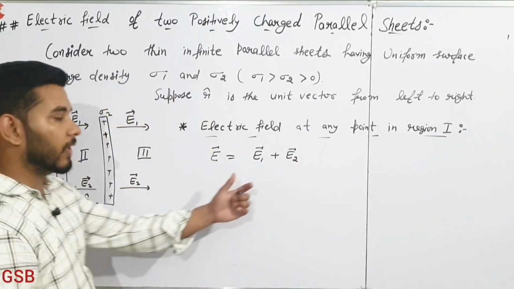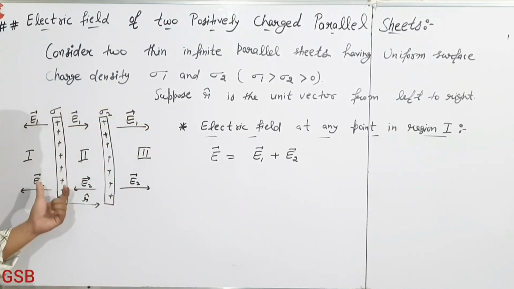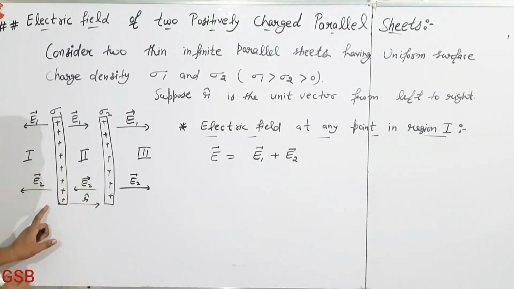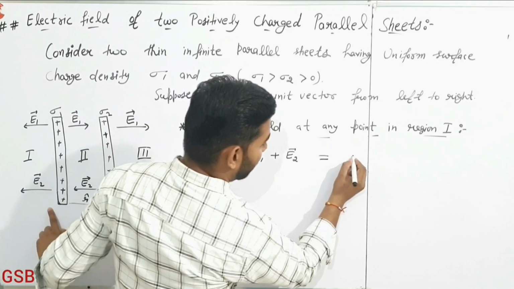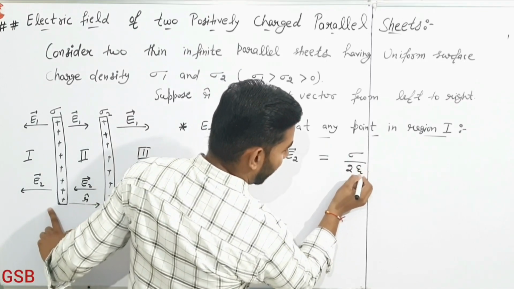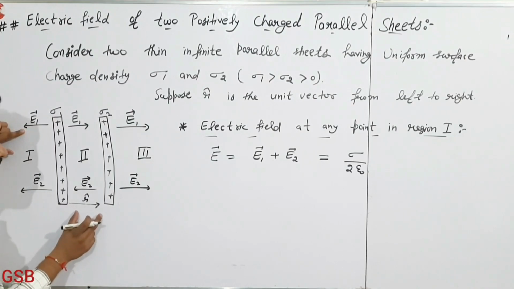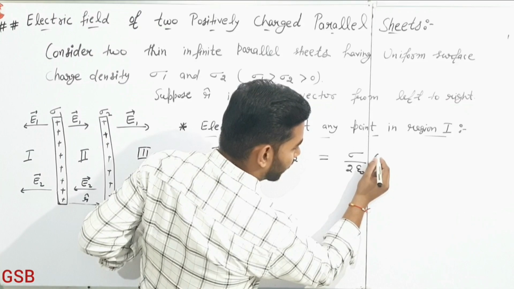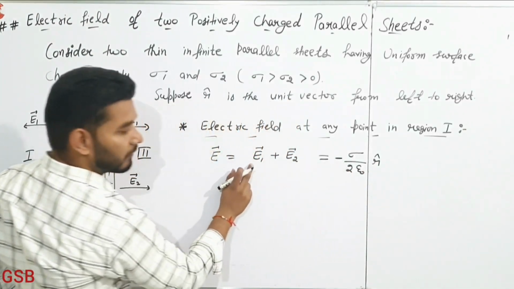What is the value of E1? Electric field due to the first sheet, sigma 1. We know the electric field due to an infinite plane sheet is sigma by 2 epsilon naught. But E1 is opposite to unit vector R cap, so we write a minus for E1.